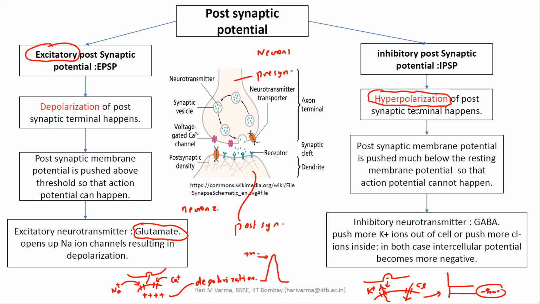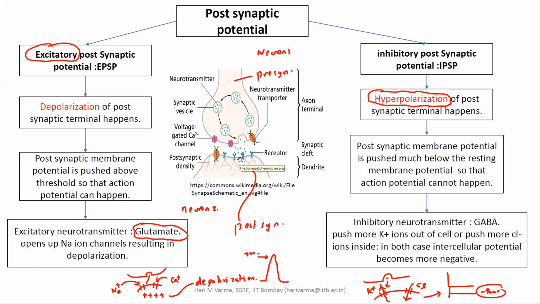Another option is that this neurotransmitter from the first neuron reaches and binds to the receptor in the second neuron, but then it causes inhibitory postsynaptic potential. So what do we mean by inhibitory? The idea is that these neurotransmitters can cause two things. One, it can open the potassium channels of this cell.